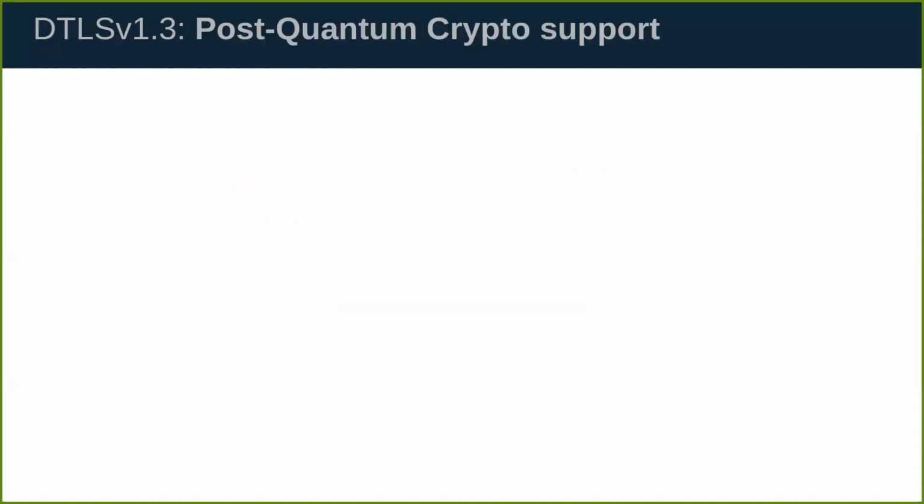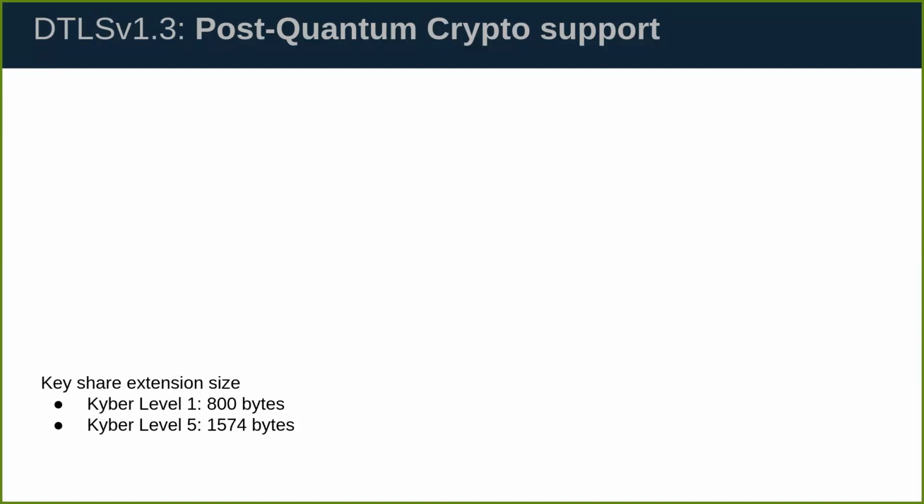Another new exciting addition in DTLS 1.3 is post-quantum cryptography support. The issue with post-quantum cipher suites in DTLS is that they don't fit inside the network MTU. As we can see here, the key share extension size of Kyber level 1 is 800 bytes. That's fine.